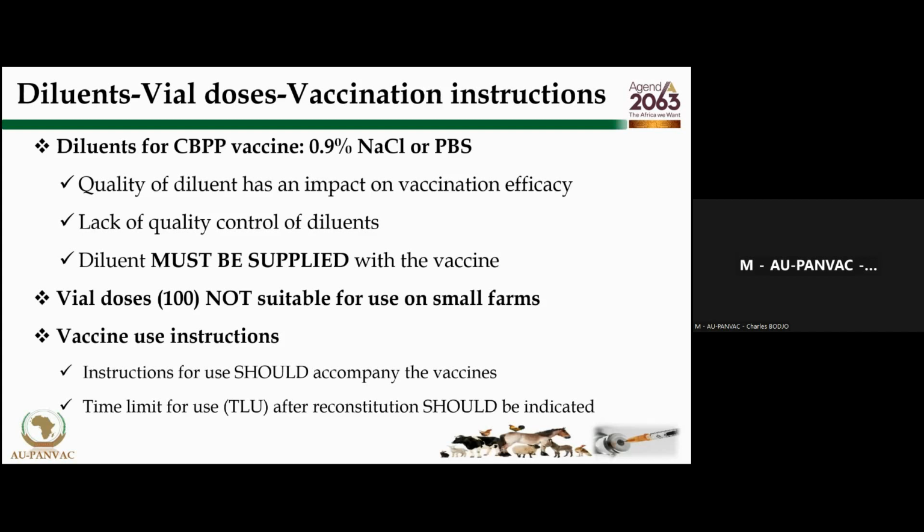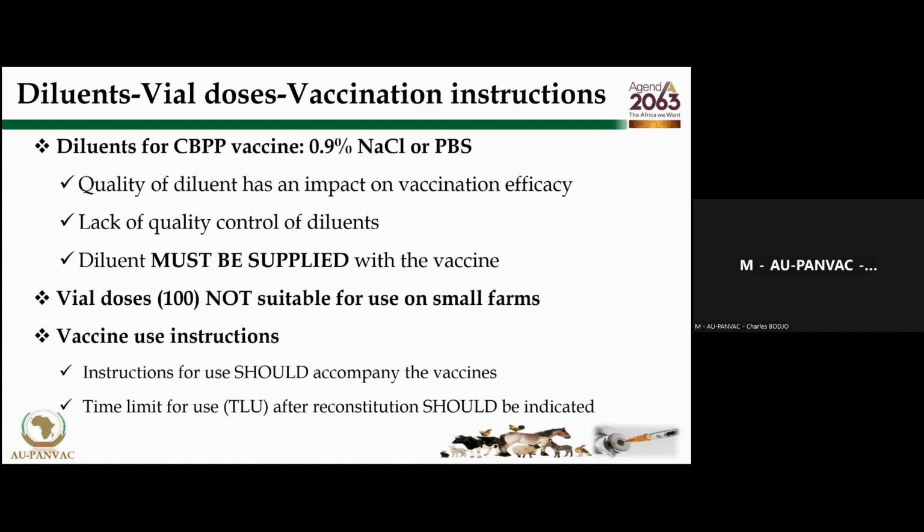And most of the time, there is no adequate vaccine instruction accompanying the vaccine. The vaccine is supplied without any appropriate instruction on how to use it and how to reconstitute it.